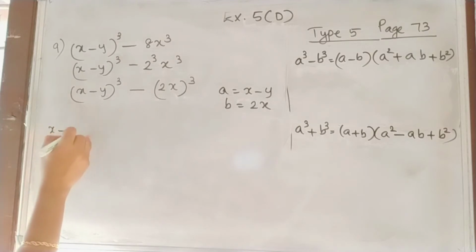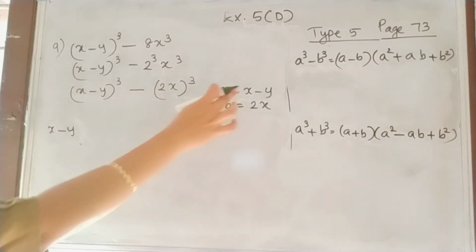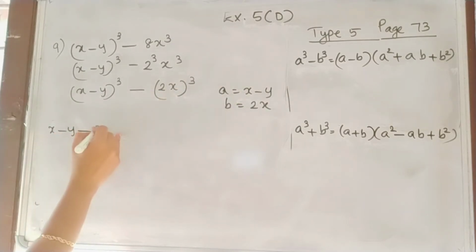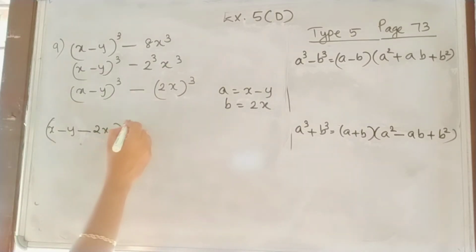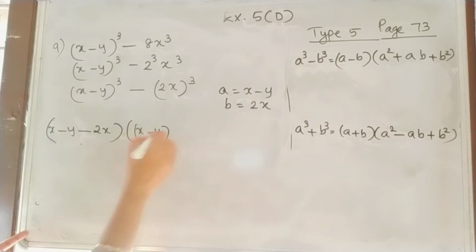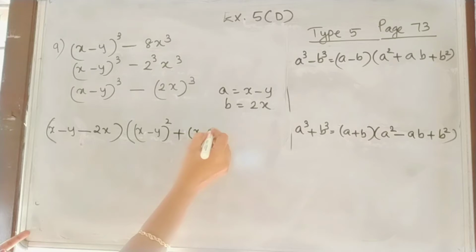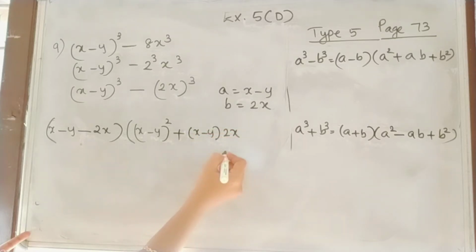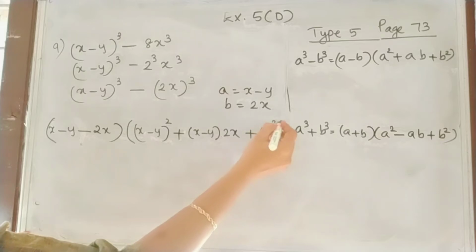So x minus y into, that is A minus B, x minus y minus 2x, A minus B, into A square. A square is x minus y the whole square, plus AB means x minus y into 2x, plus B square is 2x the whole square.